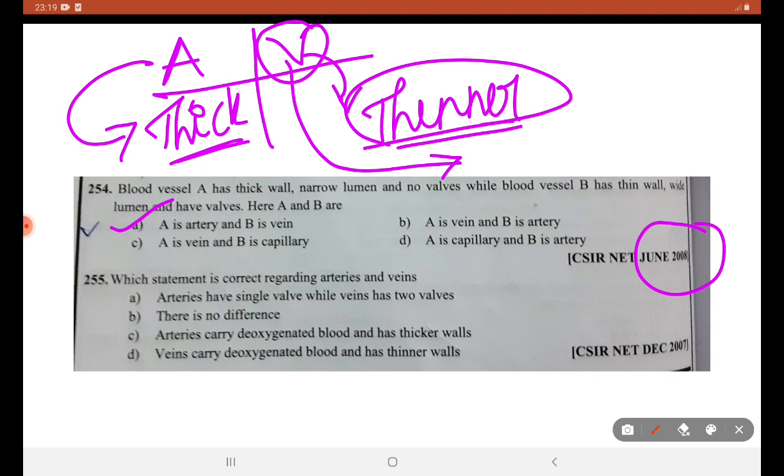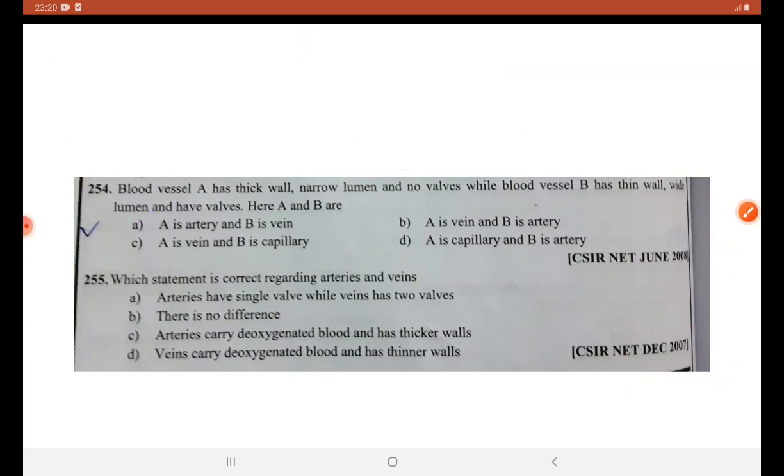Next question from December 2007. Which statement is correct regarding arteries and veins? Arteries have single valve, while veins have two valves. Read this statement. Blood vessel A has thicker wall, narrow lumen and no valves. So it is saying that arteries have no valves.